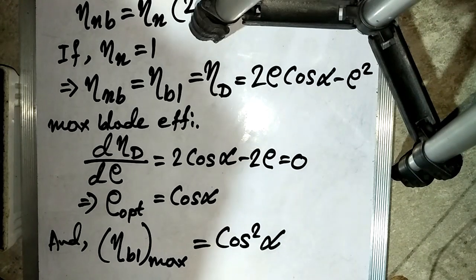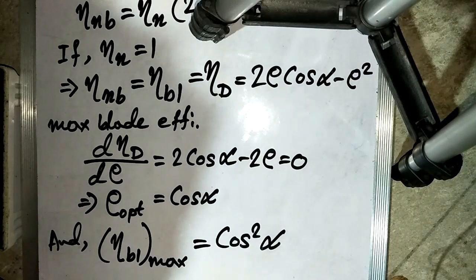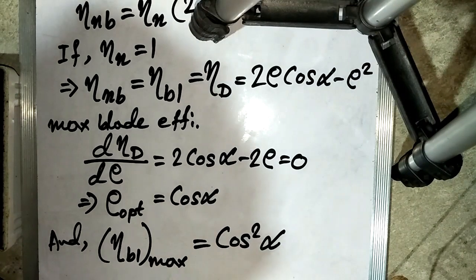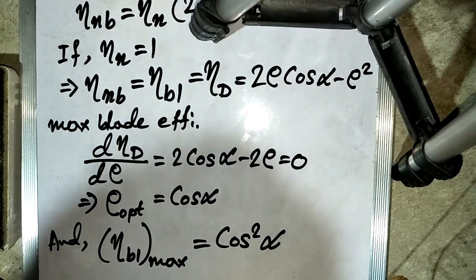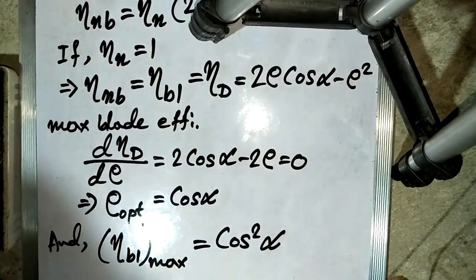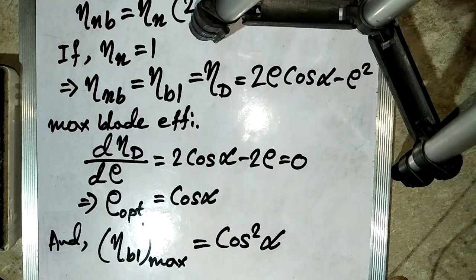However, when the friction is taken into account, the reaction stage is found to be most efficient, followed by the Rateau and Curtis staging in that order, and the friction losses are less significant in the reaction stage since the flow velocities are lower. So in this lecture we have learned about the reaction turbine.